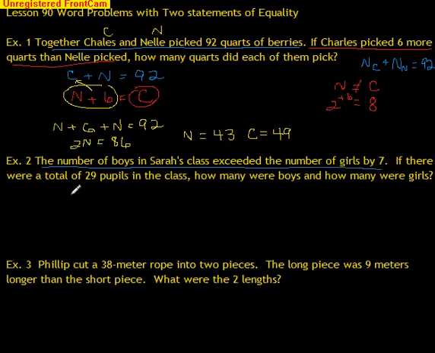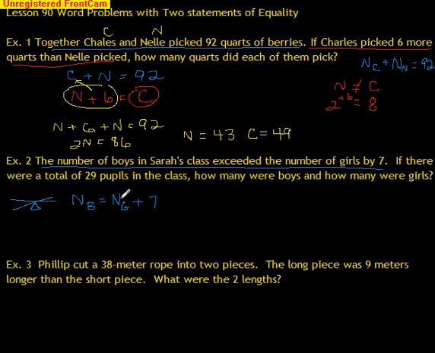So the number of boys, there's more boys, right? That means we have to add onto the girl side, because they're not equal. If you did a little seesaw, the number of boys is greater than the number of girls. So in order to make this equation balanced, we're going to have to add 7 onto the number of girls side.